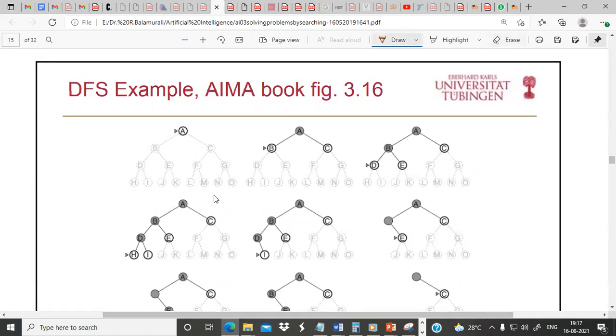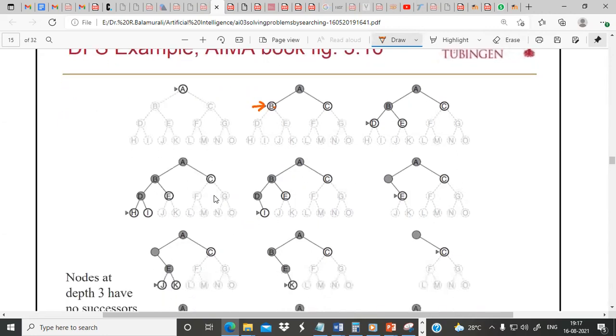We check whether the root node is the goal state or not. If this is not the goal state, then expand the root node. When you expand the root node, you get B and C. Now go to the left and check whether B is the goal state or not. If B is not the goal state, then expand B. When you expand B, you get D and E. Then you check whether D is the goal state or not. If D is not the goal state, then expand D, we get H and I.